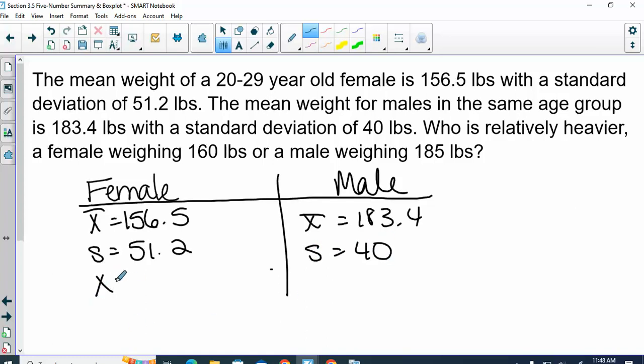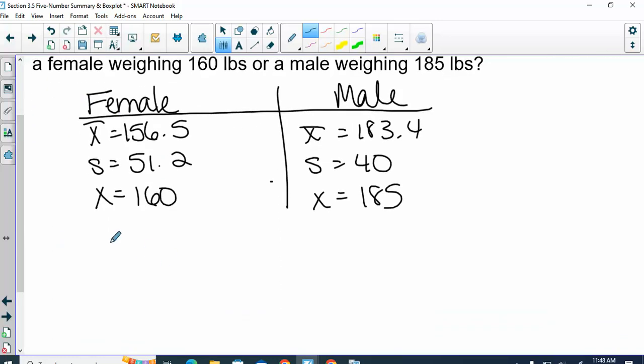So the particular value for the female we're looking at is 160. For the male it is 185. So remember the z-score formula, just like all of these, it's on your formula sheet. X minus x bar over s. Sorry, your value minus the mean, divided by the standard deviation.